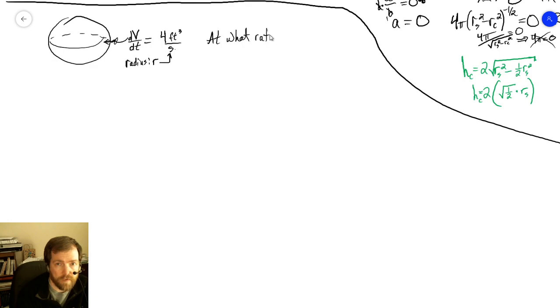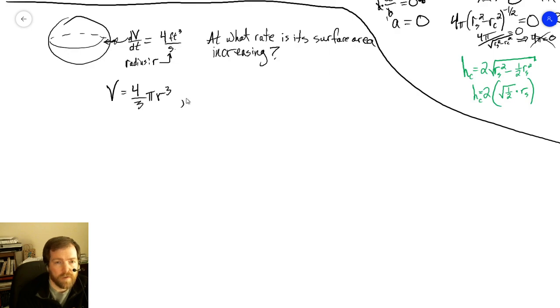So when the radius is r, we have 4 cubic feet per second as the change in the volume. At what rate is its surface area increasing? So we need the volume because we need to get this stuff. The volume is 4/3 pi r cubed. The surface area is 4 pi r squared.